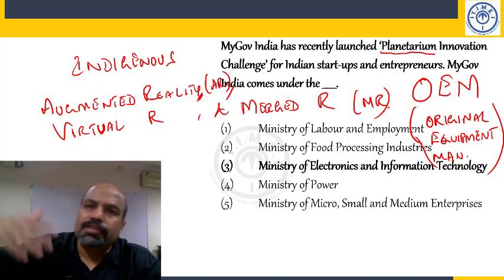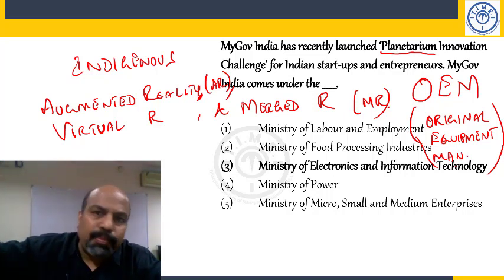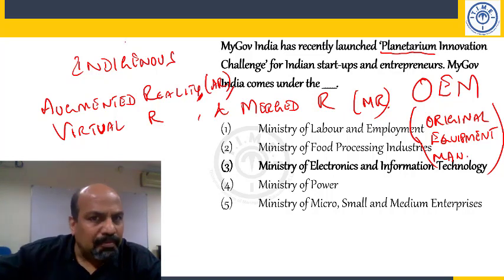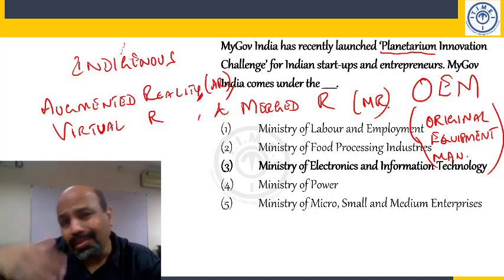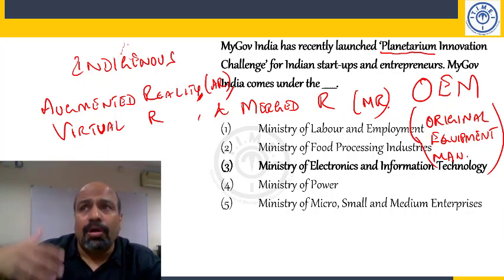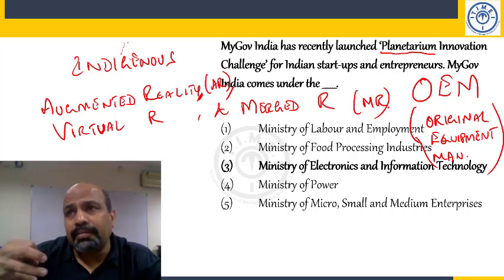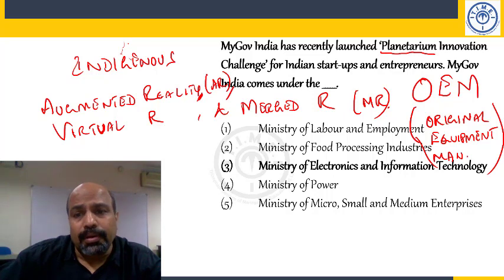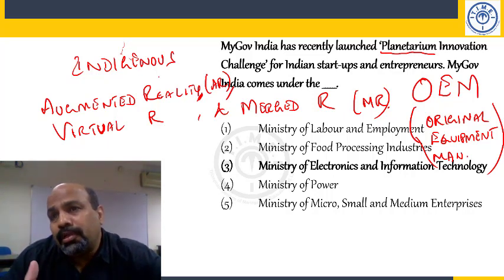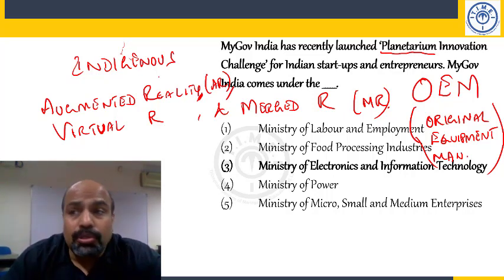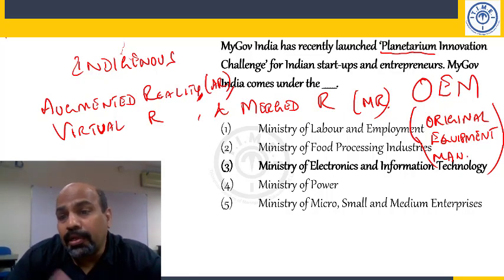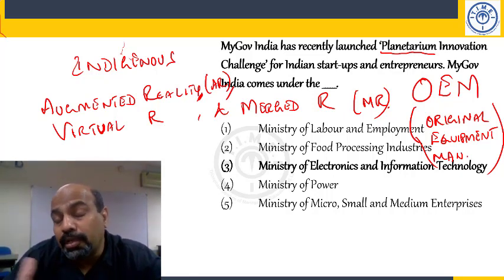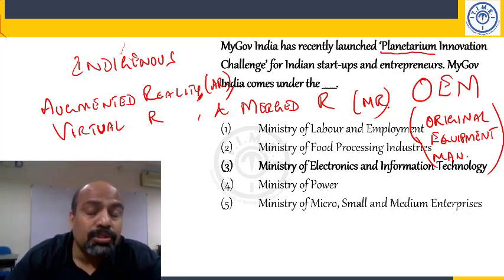See, this was imported. The software that planetariums are using today was imported long back, and some of those companies have gone out of business, or even if they are there, they are not willing, or it is out of the contract, to give technical support if something goes wrong.